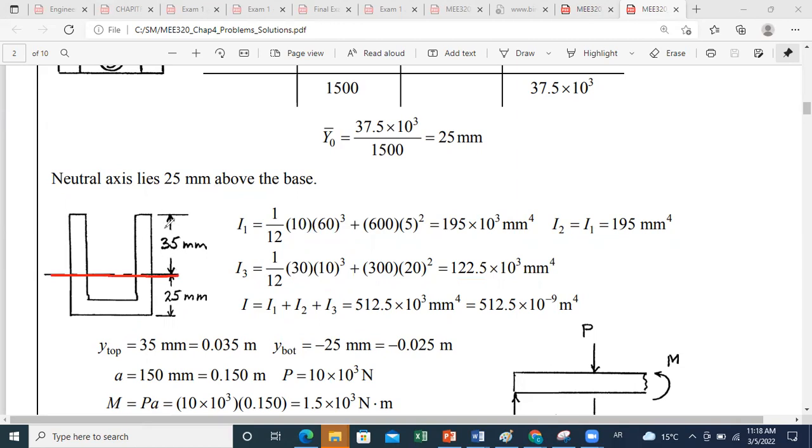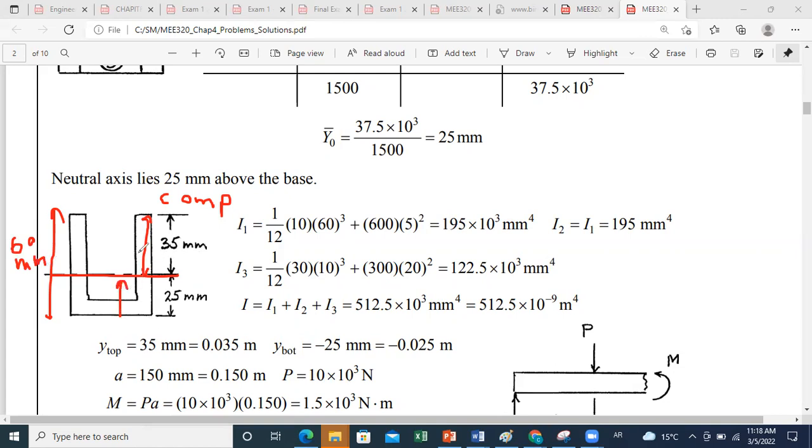For the upper part, we said that it's in compression. So the top will be subjected to compression, and the farthest point is at 35 millimeter from the axis, because the whole height is 60 millimeters, and we already know that the neutral axis is at 25 from the bottom.